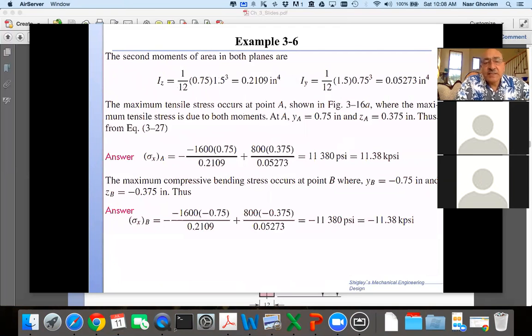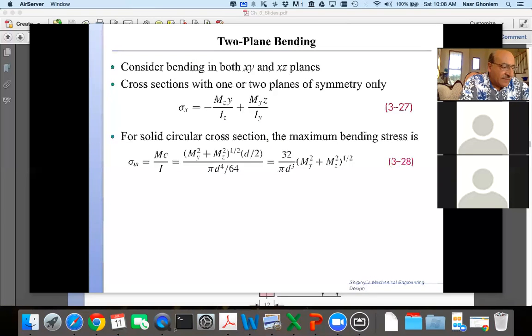So in this case, BH cubed over 12 gives us the same value for Iz and for Iy, the same second moment of area. So the axial stress is negative, and then this is My times... let me see here, as we go back, Mz times y over Iz.